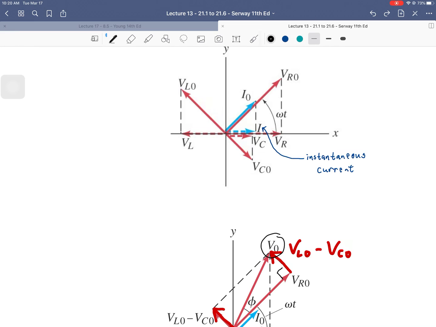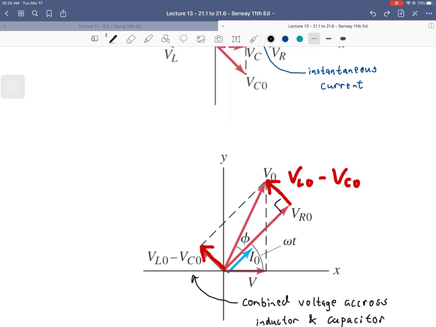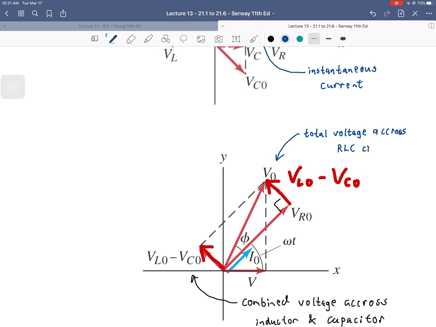But this expression right here, this one that I've circled right there, that is a new quantity because that is the overall voltage. Okay, so we can call this the total voltage across the RLC circuit.